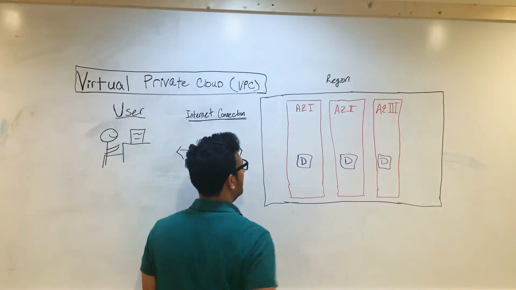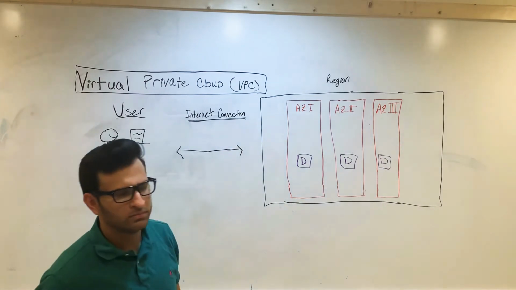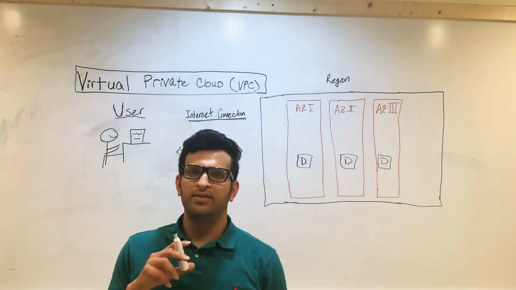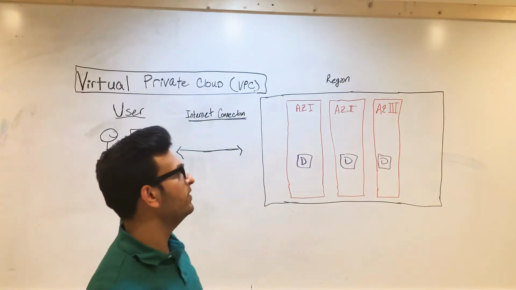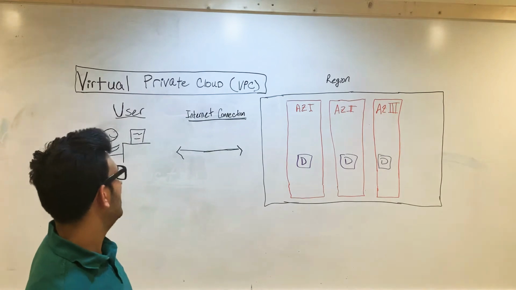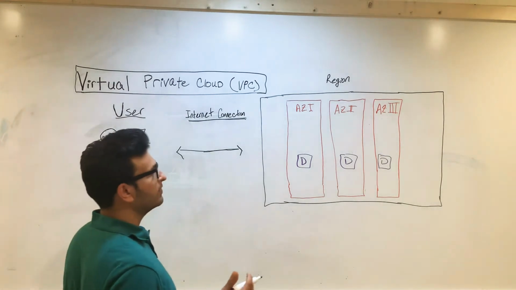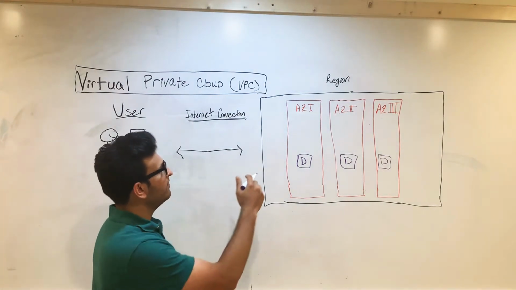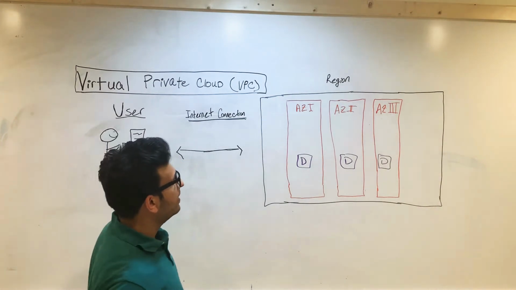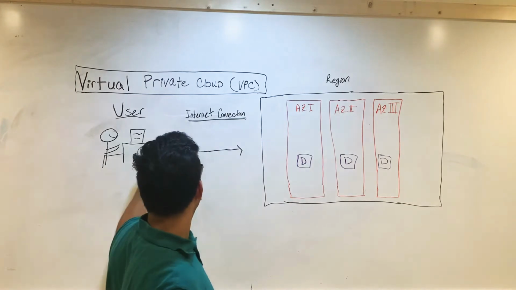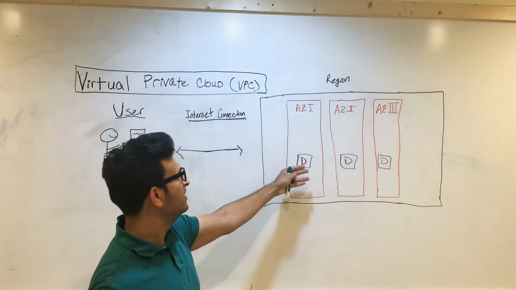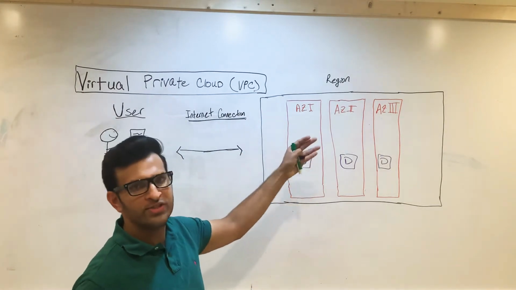All right? But the thing is, I left some things out, right? So just think about it. If you are on the internet and you are trying to access a file on the cloud that is in a specific availability zone, you wouldn't be able to, right? I mean, you have to have the IP address in which the database is located. You just need more information.